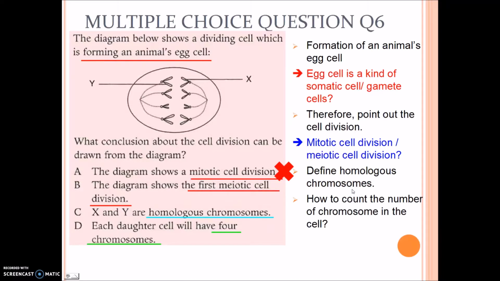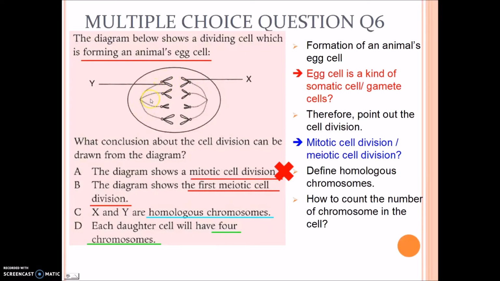Remember the concept: your father gives you one chromosome, and your mother gives you another very similar chromosome, so they are homologous chromosomes. But X and Y are chromatids.